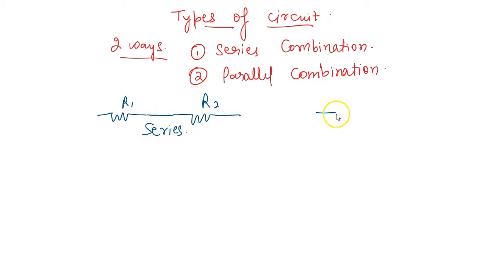Whereas if we connect both the ends of the resistors to each other, like here you can see one end I have connected, other end also if I connect, then these two resistors will be said to be in parallel combination, right? So here it's very clear what is series and what is parallel combination of resistors.